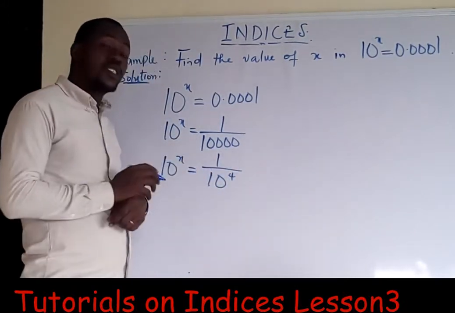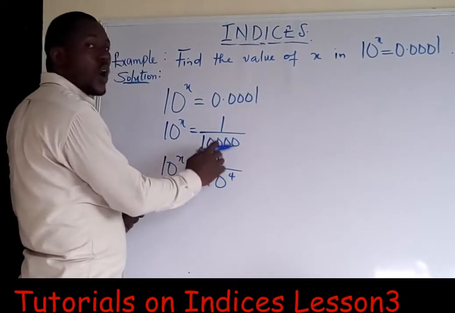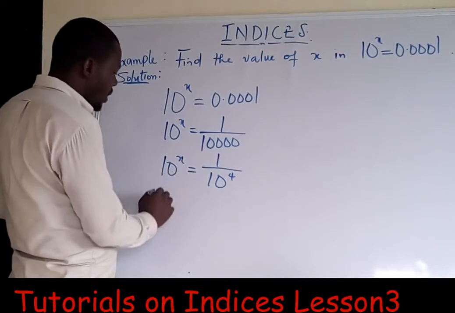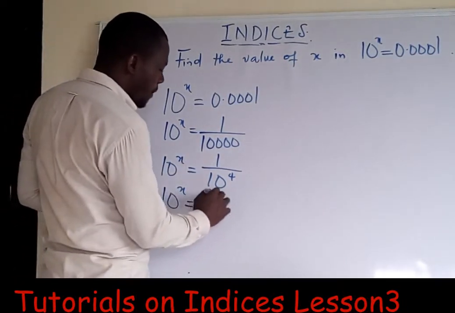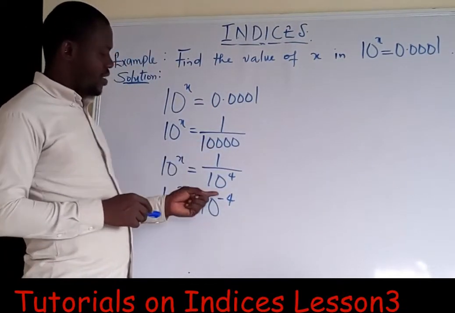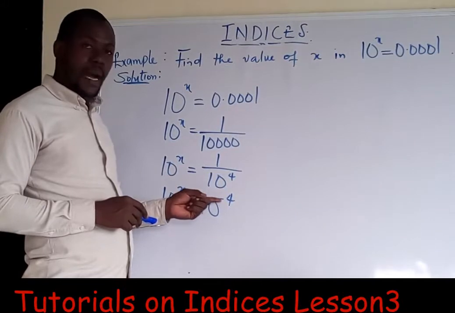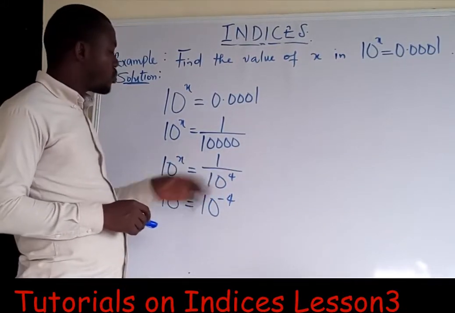That means 10,000 is the same thing as 10 raised to the power 4. Now, I want to get rid of this 1 over here. So how do I get rid of that now? 10 raised to the power x equals to 10 raised to the power minus 4, because this 1 over now is the one that turns to minus. If I want to remove this minus now, I say, okay, 1 over 10 raised to the power 4.